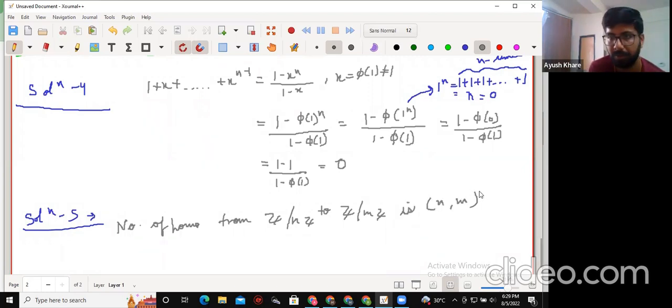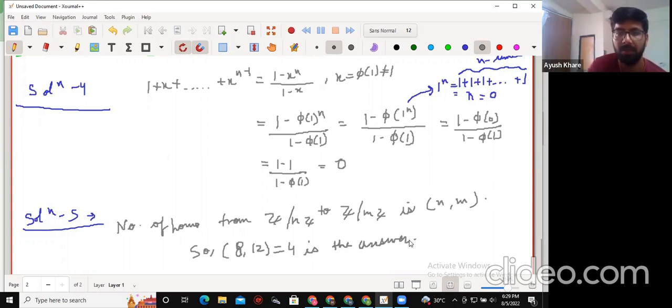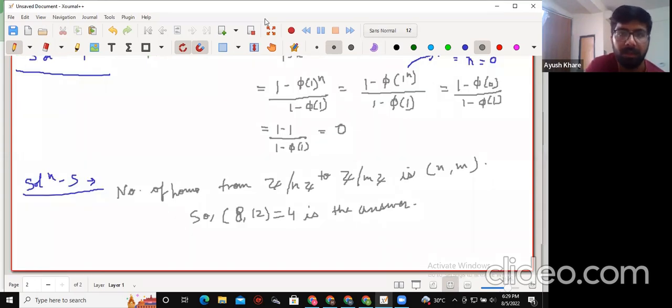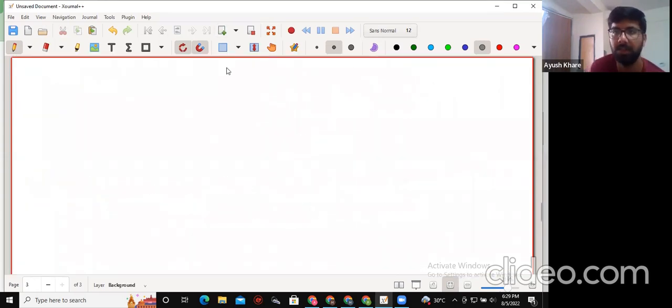So here we have 8 and 12, these two numbers, right? GCD is 4, so the answer is 4. Okay, so let's move on to the next question.